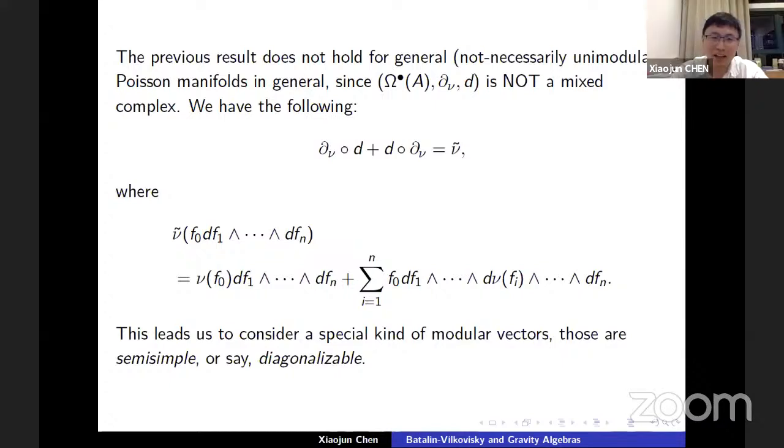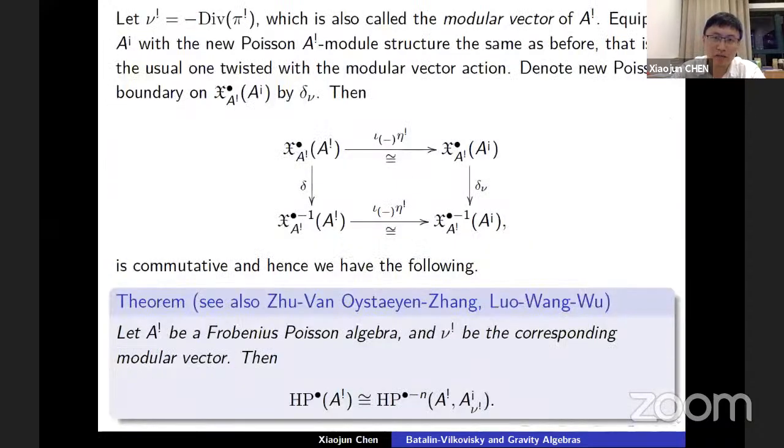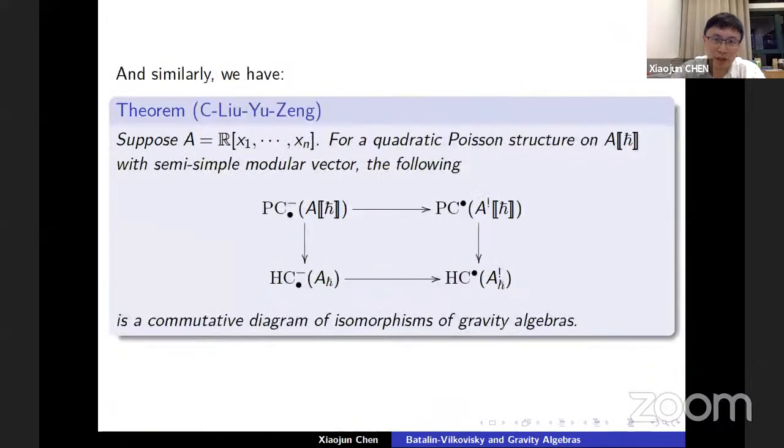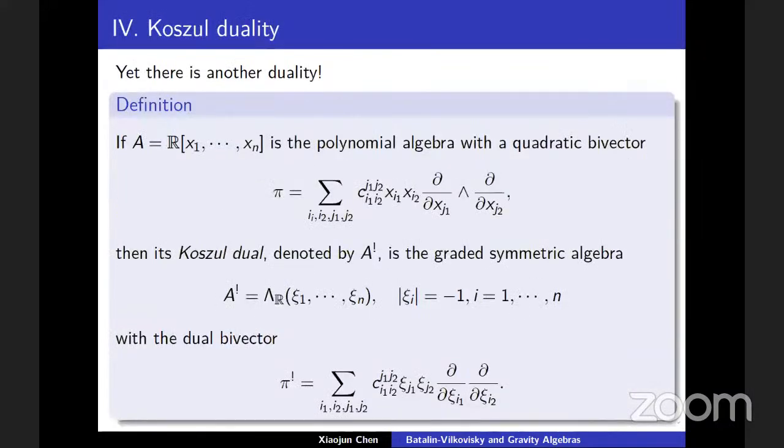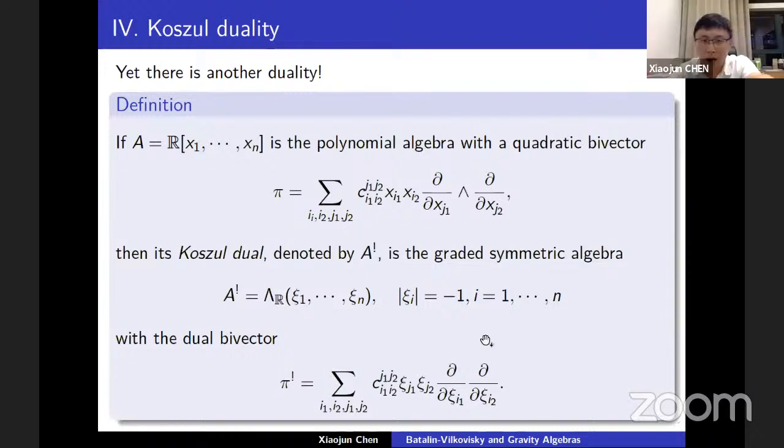Yes, there are a lot. For example, I will discuss later. For example, suppose I have a quadratic Poisson structure pi, which is also studied a lot by symplectic and Poisson geometers.